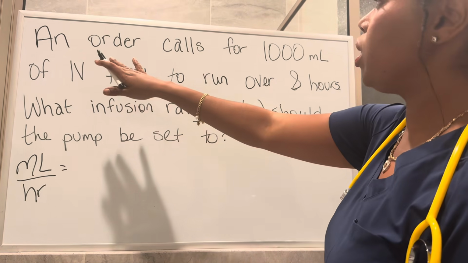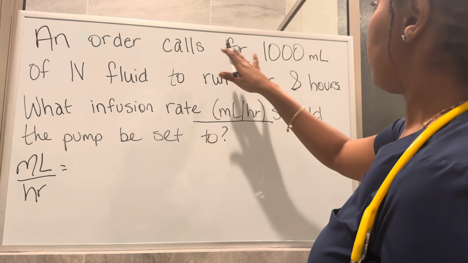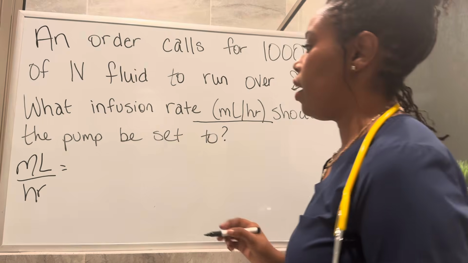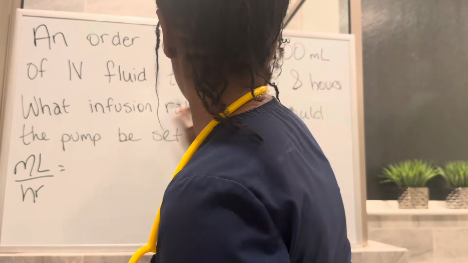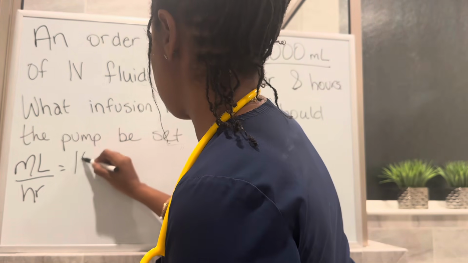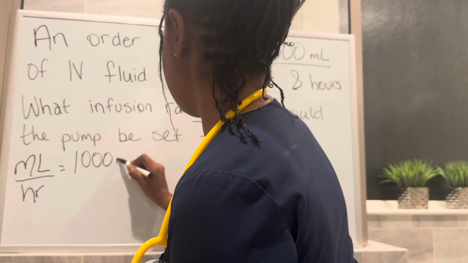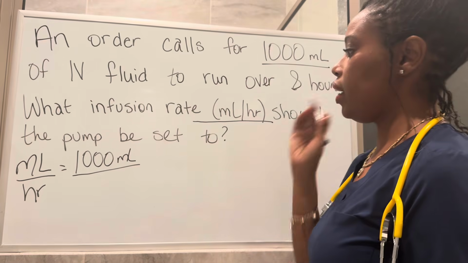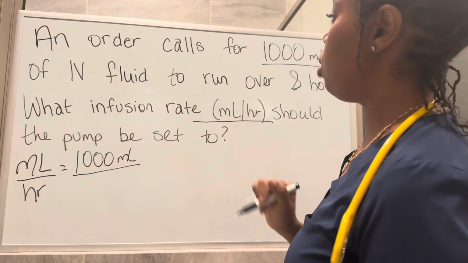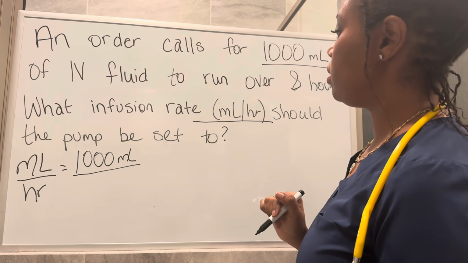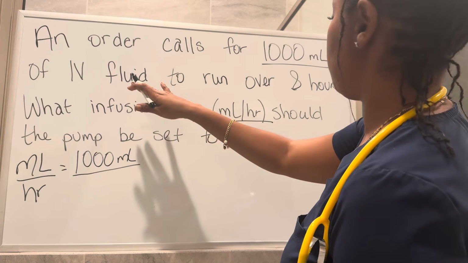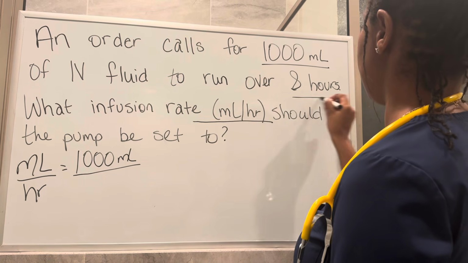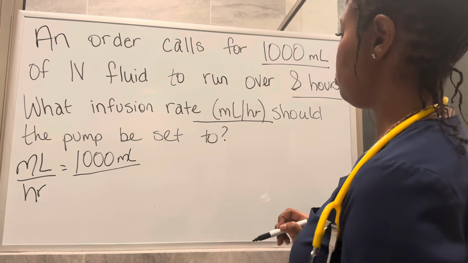All right, so let's see how many milliliters we have. Okay, let's go back to the equation, and it says an order calls for 1,000 milliliters of IV fluid. All right, so we know that we need 1,000 milliliters of IV fluid. Okay, and how many hours? Okay, so we know that it says that the IV fluid is to run over 8 hours, okay?